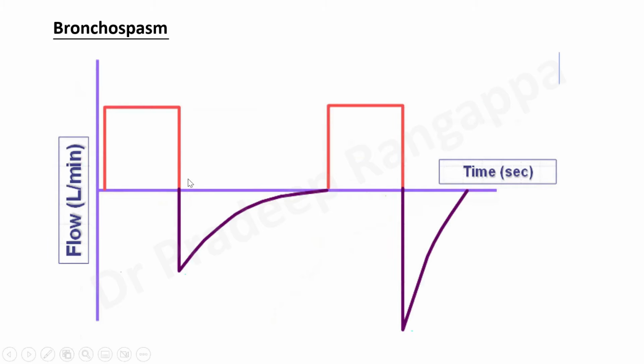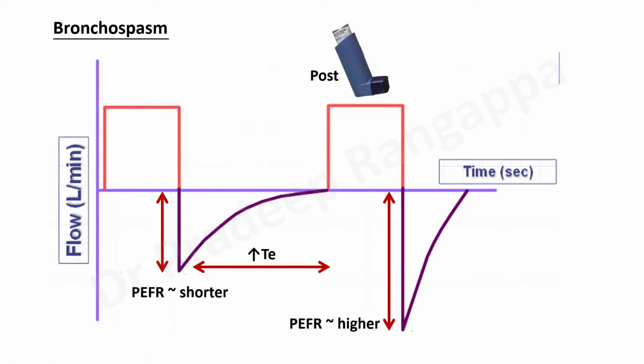So this is a flow time which you would see in bronchospasm. Suppose you have a patient with COPD or asthma, you see this peak expiratory flow rate is shorter, and the expiratory time, which is measured from the beginning of expiration to the end of expiration, is prolonged. So there is an increase in the expiratory time.